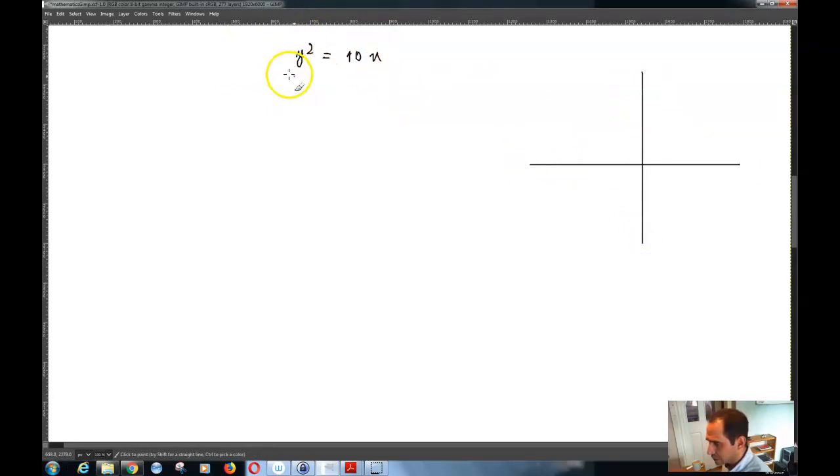Number 5 is y squared is equal to 10x. So the axis of symmetry is the x-axis. If you have a second power of y, the axis of symmetry is the x-axis, and since it's positive, it's opening towards the right. So it's like that, and I can write y squared is equal to 4 times a times x.